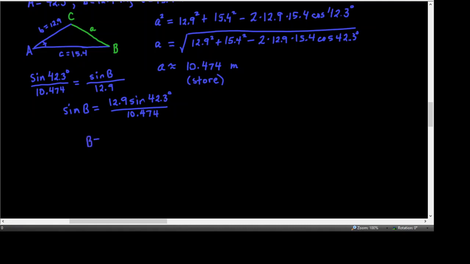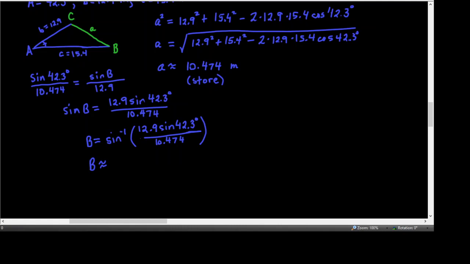Okay, so the angle B will be sine inverse of that mess. So when you type this in your calculator, make sure instead of typing 10.474 that you're recalling the stored number to get as much accuracy as you possibly can.